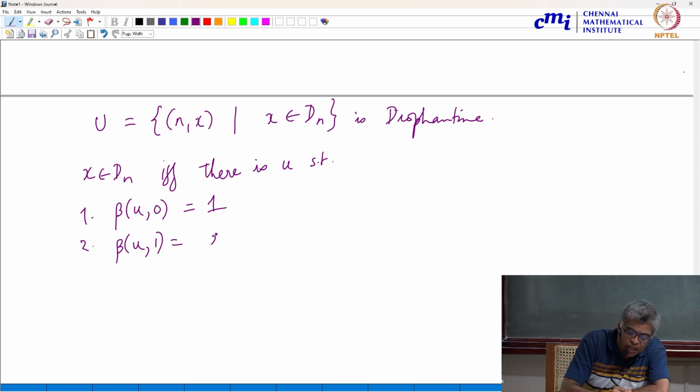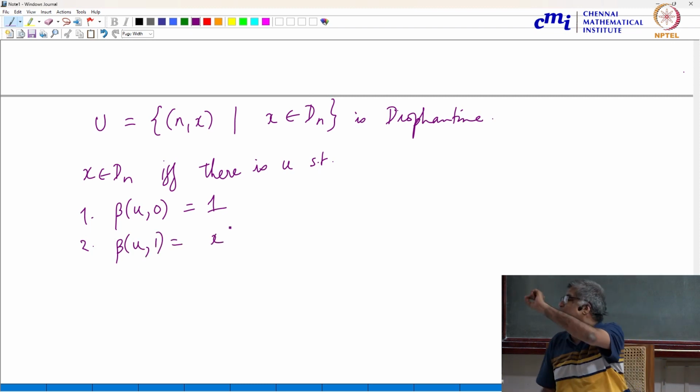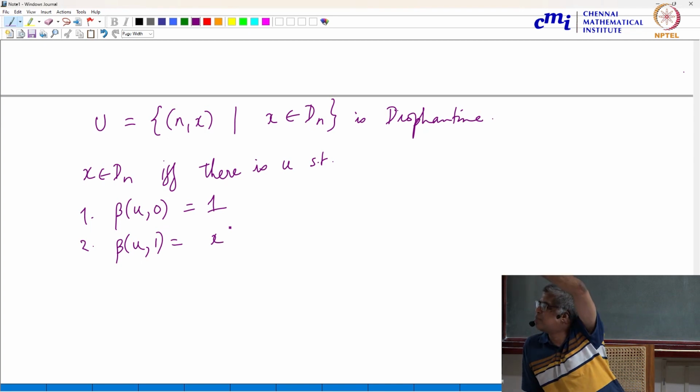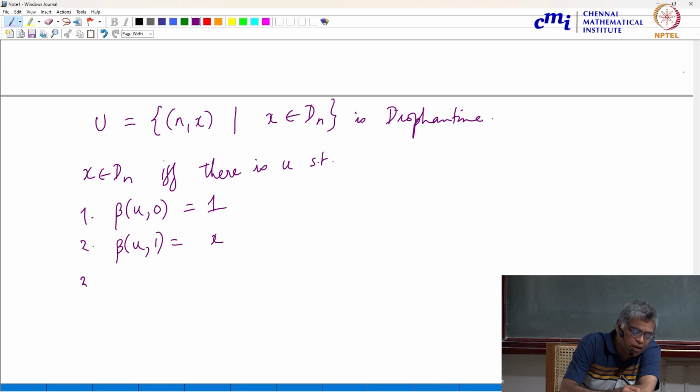The second element is actually x. Okay, x naught is what you want to do. So 3i plus 1 is xi. So P of 1 is just x naught. Okay, so that's what you're saying. And for all i less than or equal to n, you just write it out.